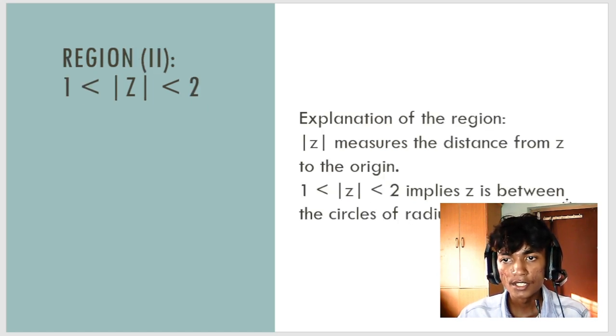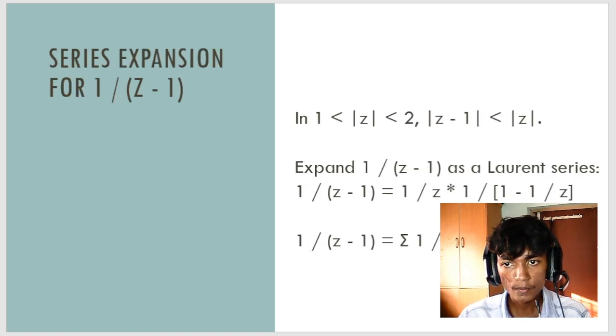Coming to region 2: 1 < |z| < 2. Explanation of the region: |z| measures the distance from z to the origin, and 1 < |z| < 2 implies z is between the circles of radius 1 and 2.